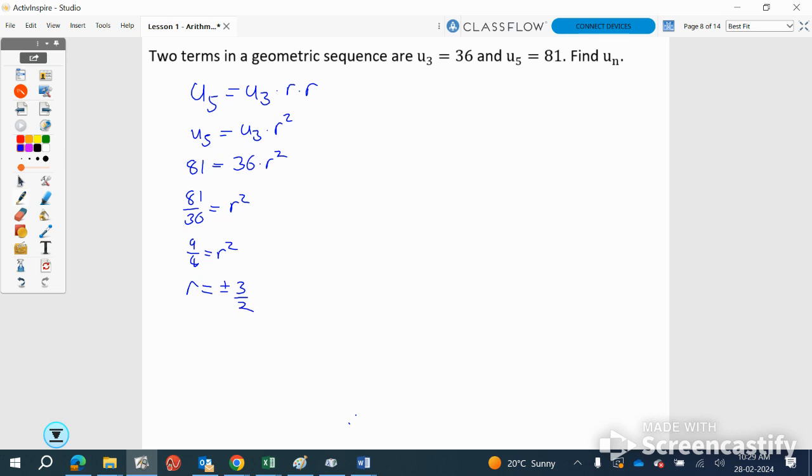Okay, so now we need to decide, can it be negative or positive? If it's positive, then all the terms will either be positive or all the terms will be negative. A positive is not going to change the sign. If you have a geometric sequence where all of the terms are positive or all of the terms are negative, then the ratio is positive.